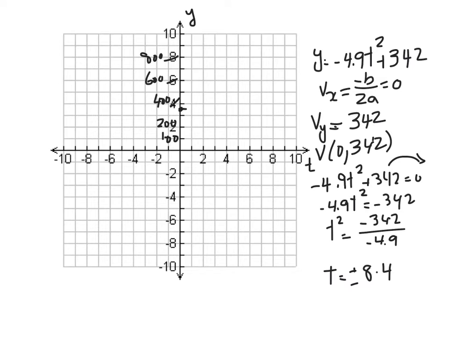Now, since we are dealing with time, time cannot be negative. So negative 8.4 is not acceptable in the context of the problem because t represents time. So the only x-intercept I have is 8.4. 8.4 is going to be somewhere in the middle.